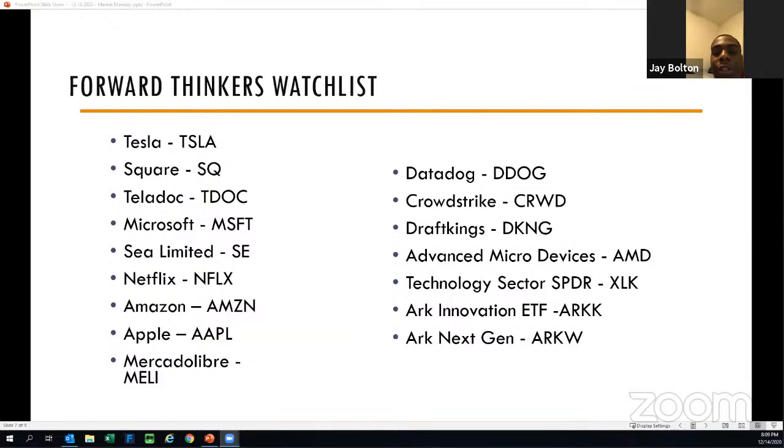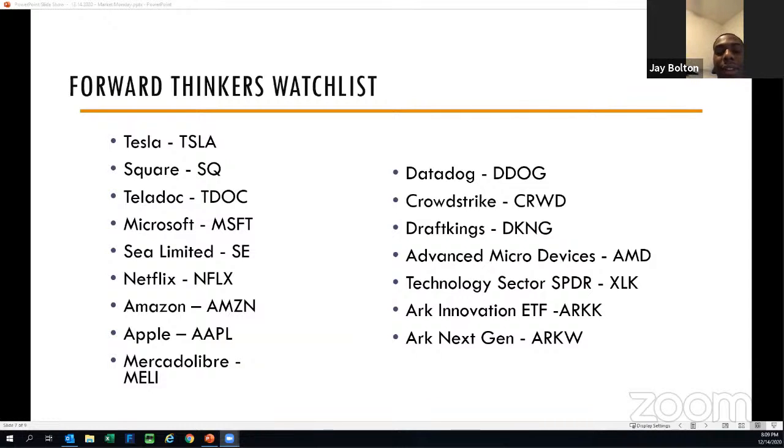Another company, CrowdStrike, is I think about $150. Cybersecurity play. As we get more technologically sound, you want to be exposed to companies that are protecting the technology companies, because one thing you have to have is security. All the big companies in the world need security for their cloud services.